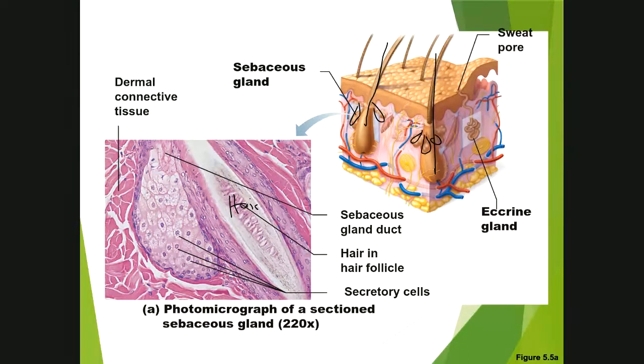And so just like we saw before, the product comes out with the hair. It coats the hair, and then it also coats the surface of the skin. And it makes the skin more flexible. It makes it less likely to crack or tear. And it also keeps it from drying out. So it keeps it from flaking as much.